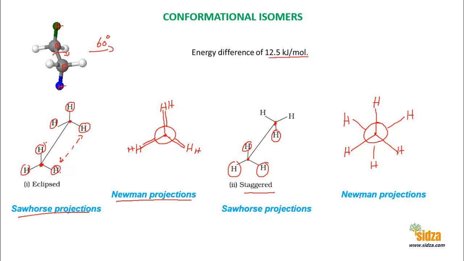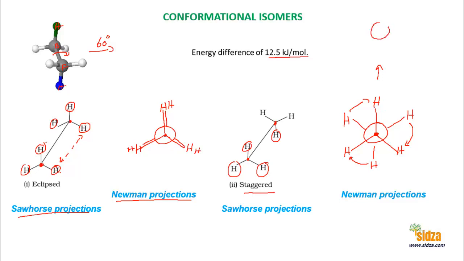Ethane actually has two conformational isomers. One is called staggered and the other is called eclipsed. And you can convert a staggered one into an eclipsed one by a 60-degree rotation. Suppose you keep the front carbon there, and you give a rotation to the back carbon, around 60 degrees. So what would you expect? You will get a conformation in which all the hydrogen atoms will be under eclipsion, right?